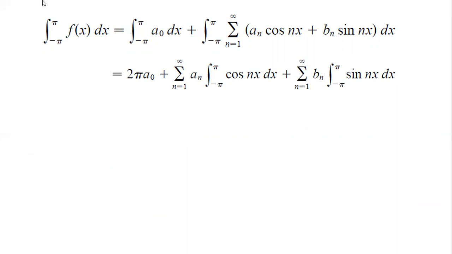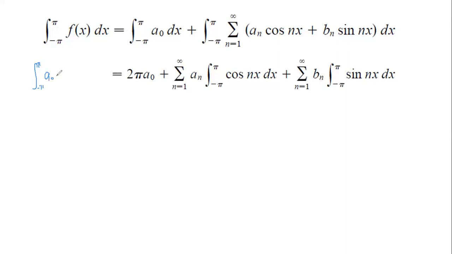So starting with the first term, if we integrate from negative pi to pi, given is a sub naught.